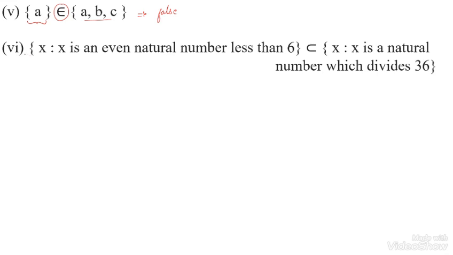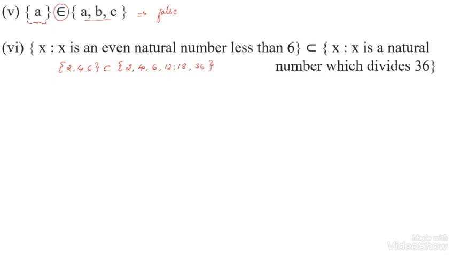Next, question number 6. X is an even natural number less than 6. What are the even natural numbers less than 6? That is 2, 4, 6, a subset of. Here x is a natural number which divides 36. Which divide 36? That is 2, 4, 6, 12, 18 and 36.